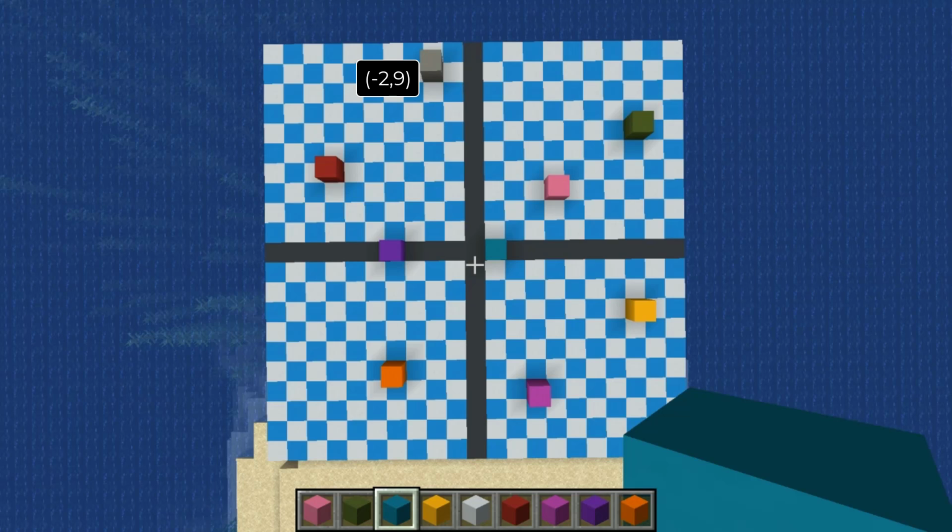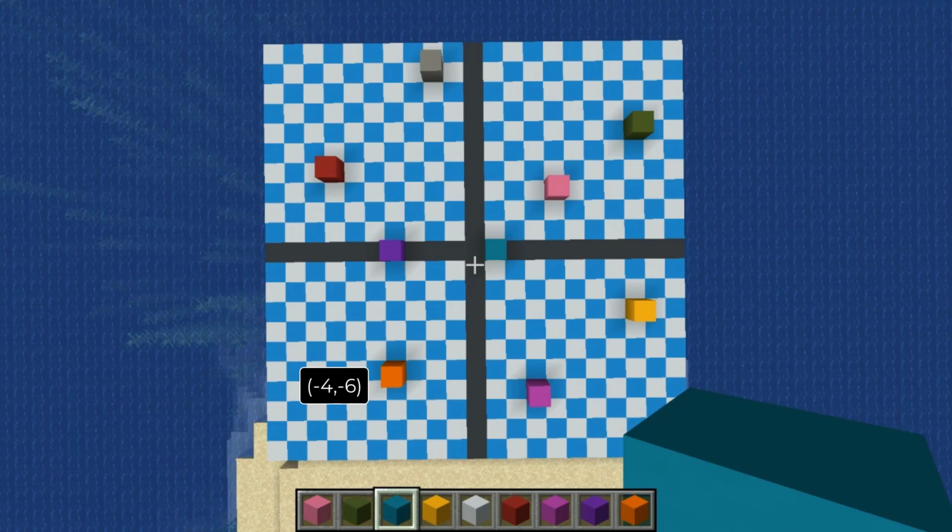The red square is left 1, 2, 3, 4, 5, 6, 7, and up 4. So (-7, 4). That purple square is 1, 2, 3, 4, left 4, but not up or down. So that's (-4, 0).